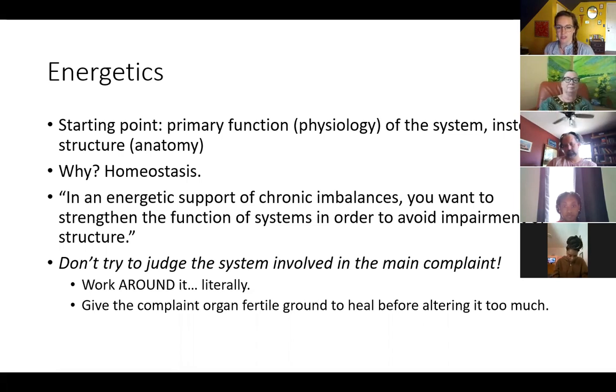And because you're adjusting the stomach too much, you're going to throw everything else off. And as we're going to talk about, if you pull from one system's weakness, it pulls the strength from another. And so this is the idea that I really want to get across today. So give the complaint organ fertile ground to heal before altering it too much is the idea.